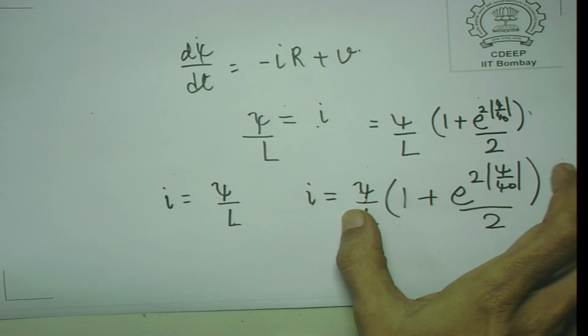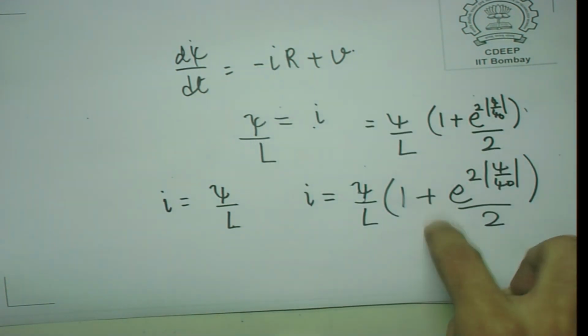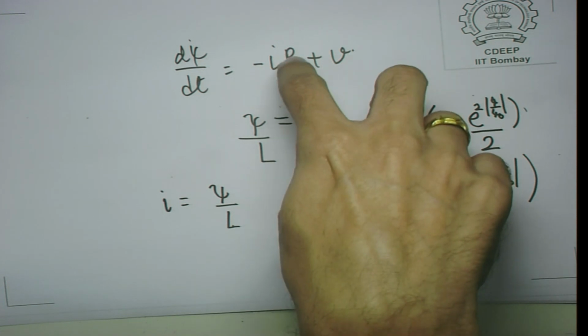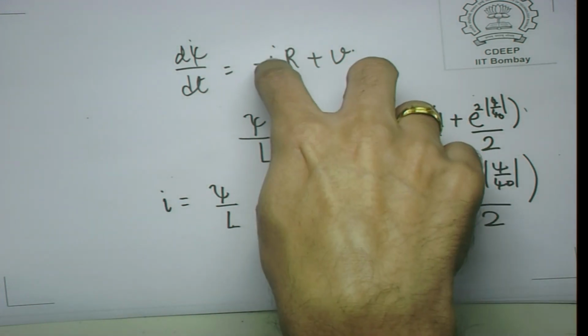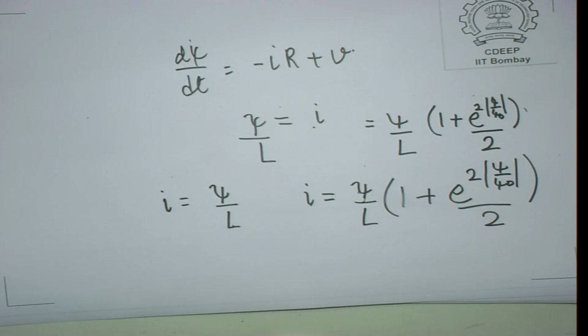So, instead of simply having R by L, we have an equation in psi. We redo this simulation with psi as the variable and the psi-I relationship nonlinear. Effectively we compute psi, and once you compute psi you can also get I. Let us see what we get.